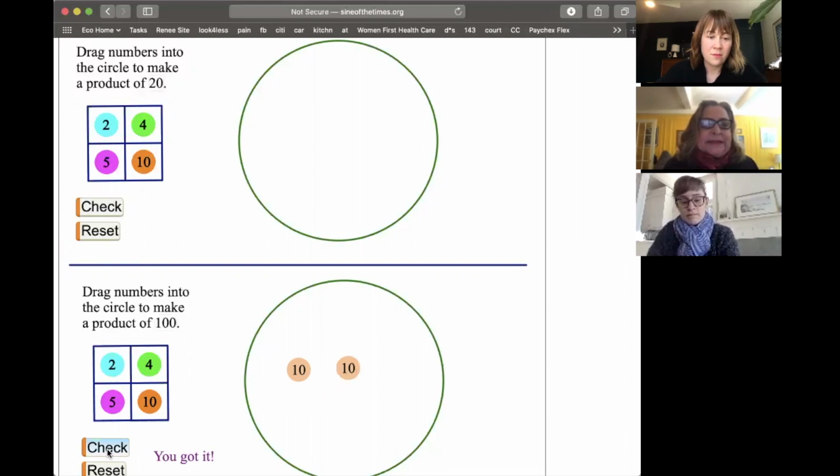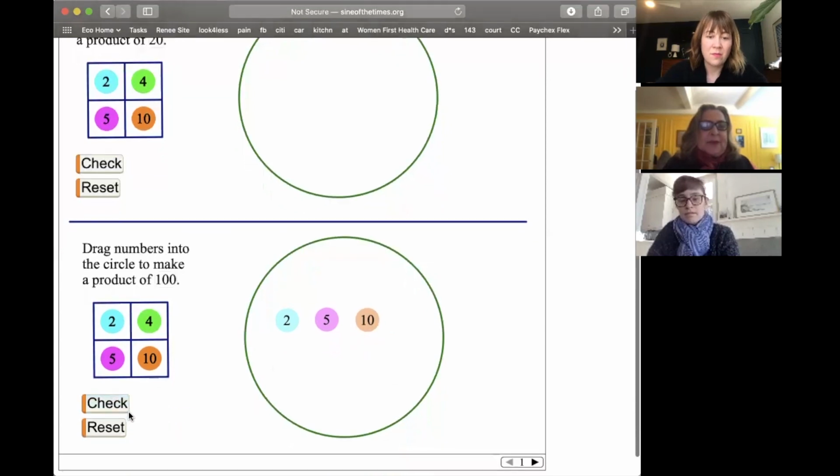I would have to deconstruct one of those factors into 2 quantities that when multiplied together would make 10, and 2 times 5 is 10. So here I've created another solution by thinking about 10 as 2 times 5 and multiplying 2 times 5 times 10. These are important mathematical big ideas that can easily come up in this game. We encourage you to have your child record their solutions from game number 1, and then think about how the solutions could help them make the product of 100.